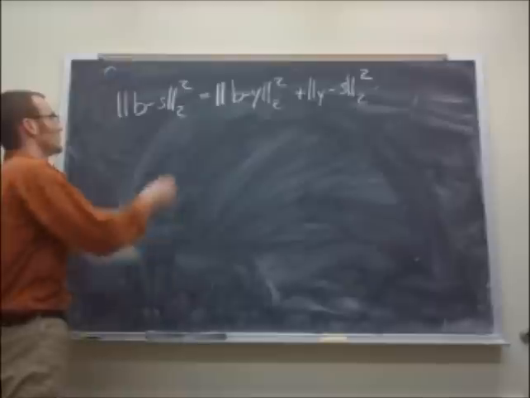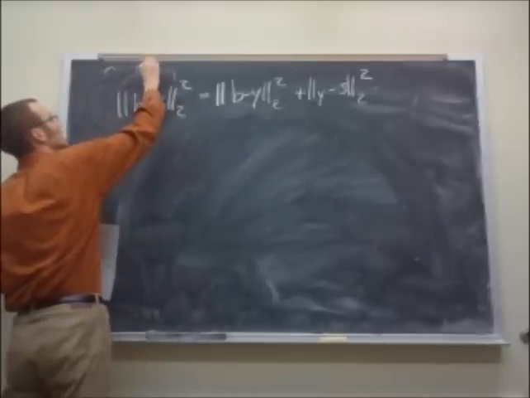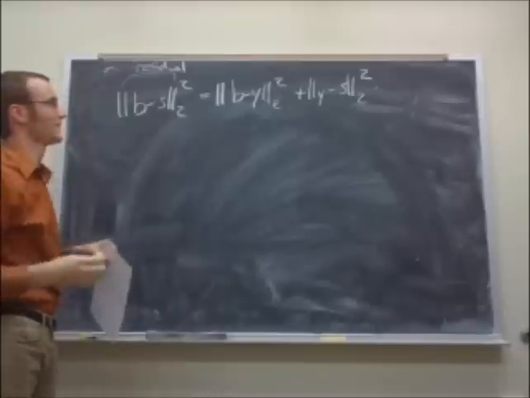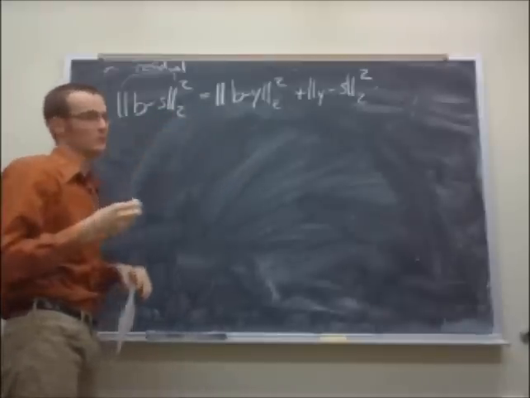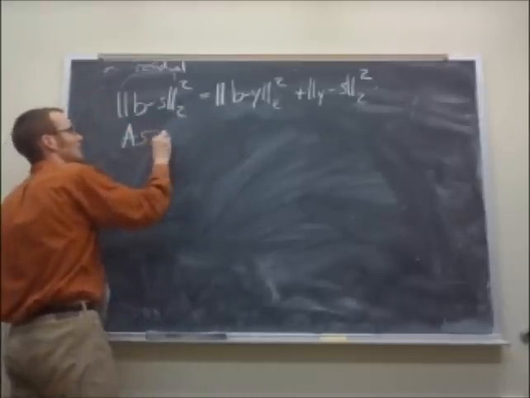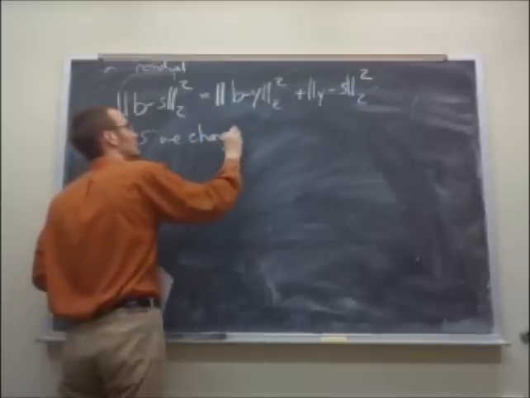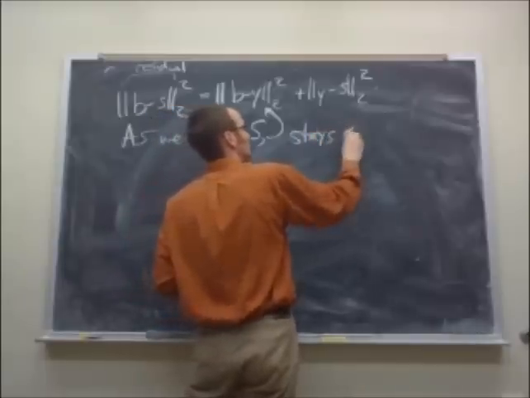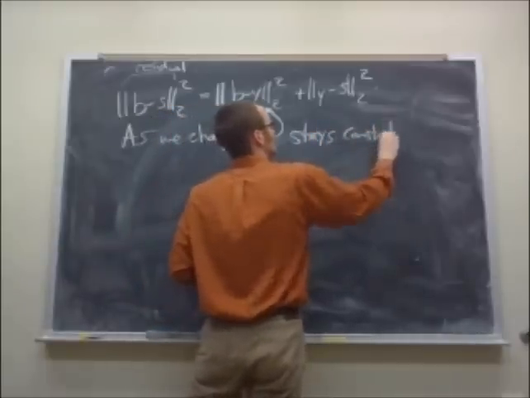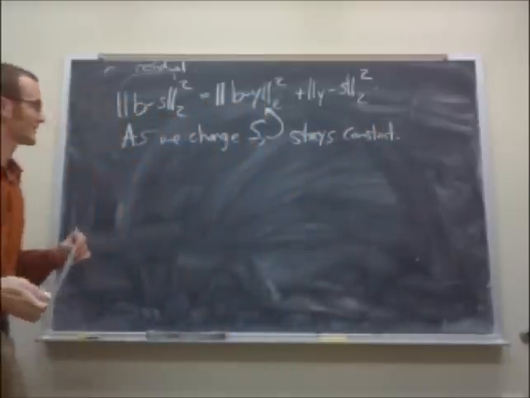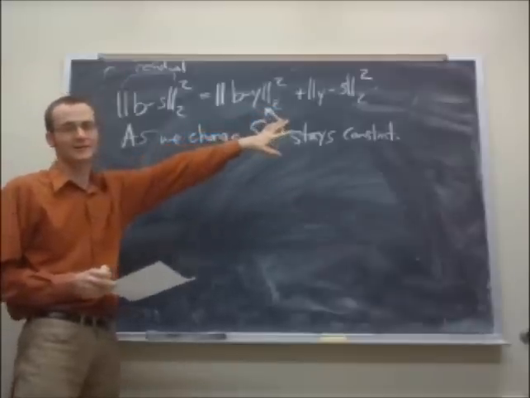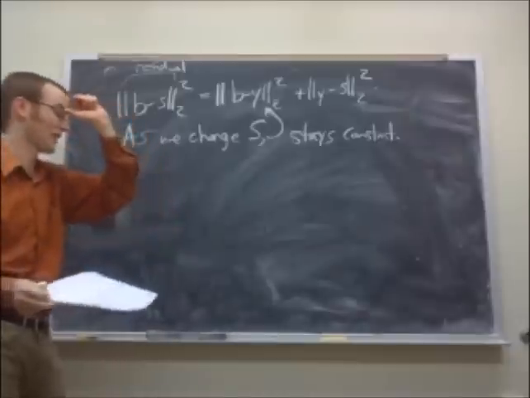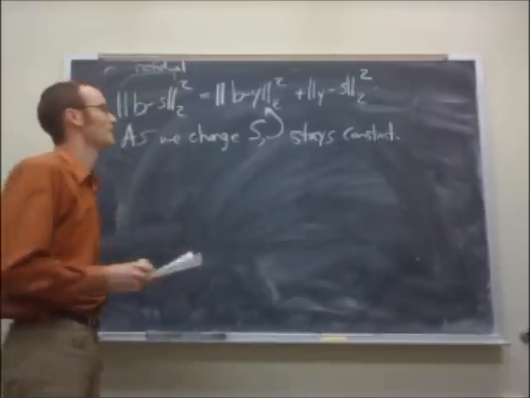This is the residual, the quantity we want to minimize. And the important thing to realize here is, as we change s, this is constant. B minus y can't change, because there's no s in it.